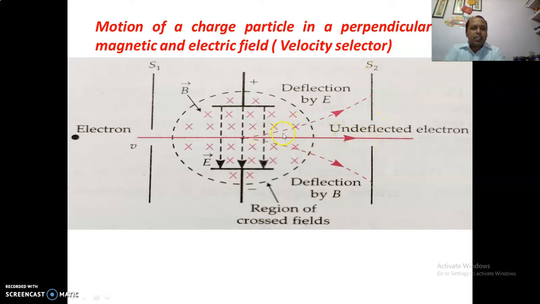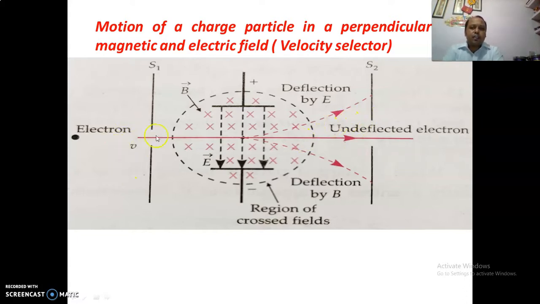Whereas the other particles having different velocities will have a deviation and they will not pass through S2. So through S2 only a specific charged particle having a specific velocity will come out.